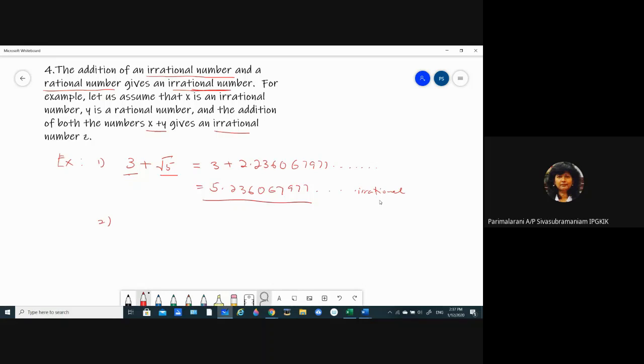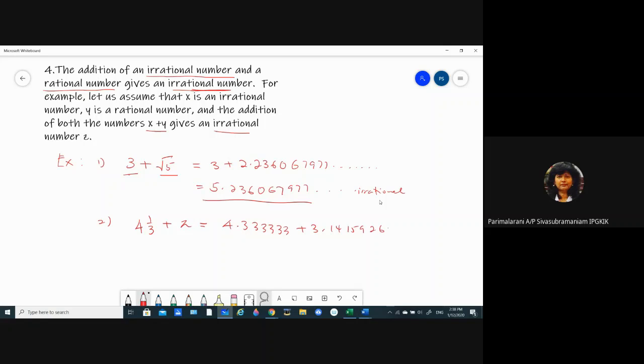Example 2, 4 and 1/3 plus pi. 4 and 1/3 is a rational number, pi is an irrational number. So when you add this, 4 and 1/3 is 4.333. It is repeating. Although it's not terminating, it's repeating, so it's a rational number. Plus pi is 3.141592.